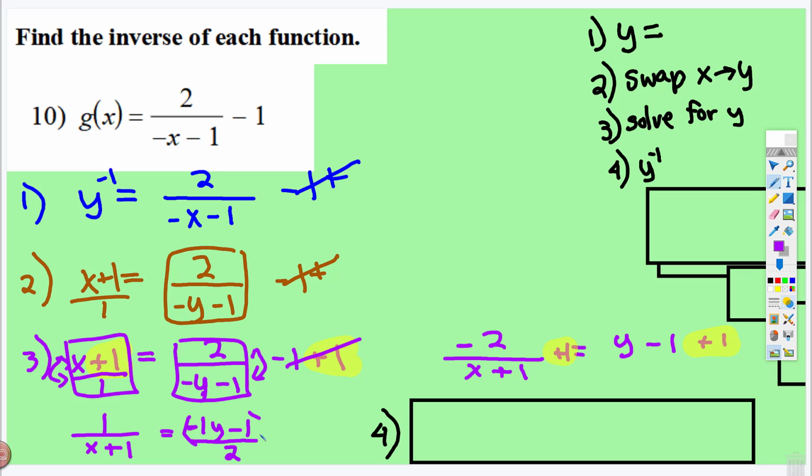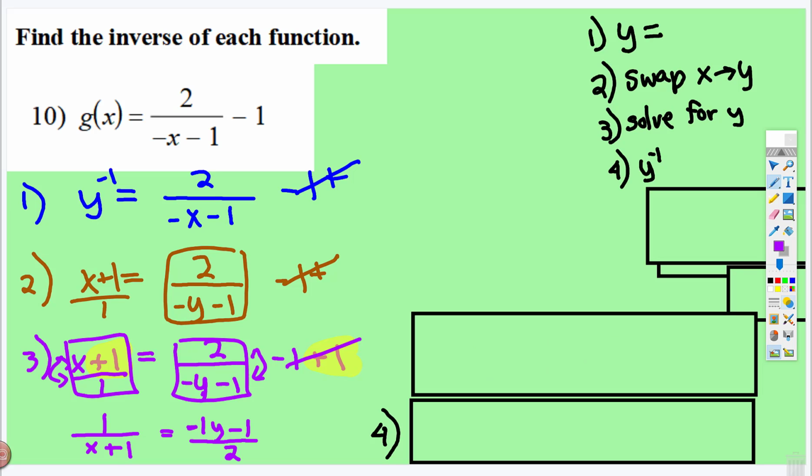Right here, I multiplied both sides by 2. Well, 2 times 1 is 2. Actually, let me undo that, because I saved a step. Notice there's a 2 here.